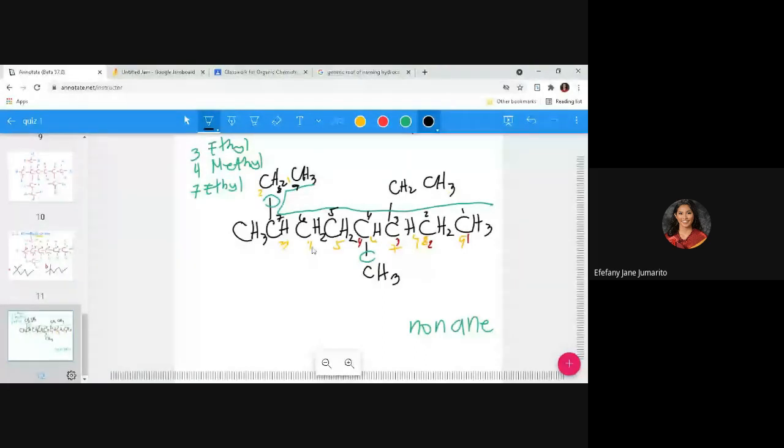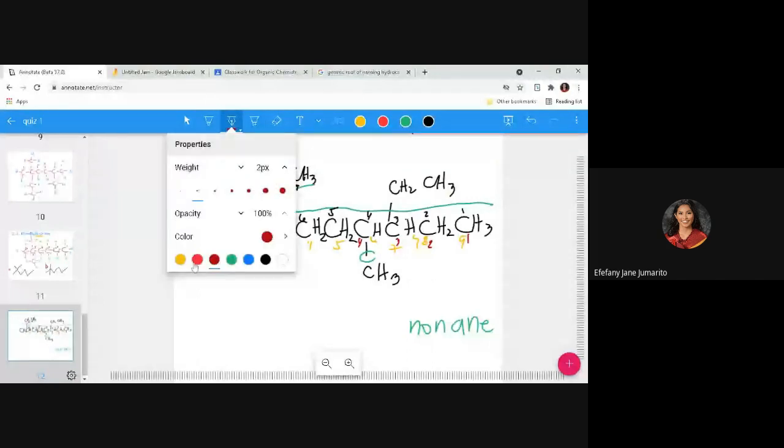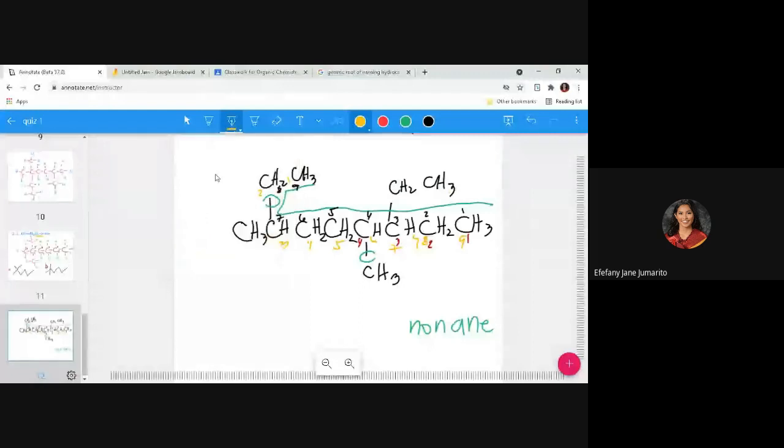If we count from yellow, the substituents will be 1, 2, 3. 3 methyl. And then we will also have 6. And then we have 7 ethyl.